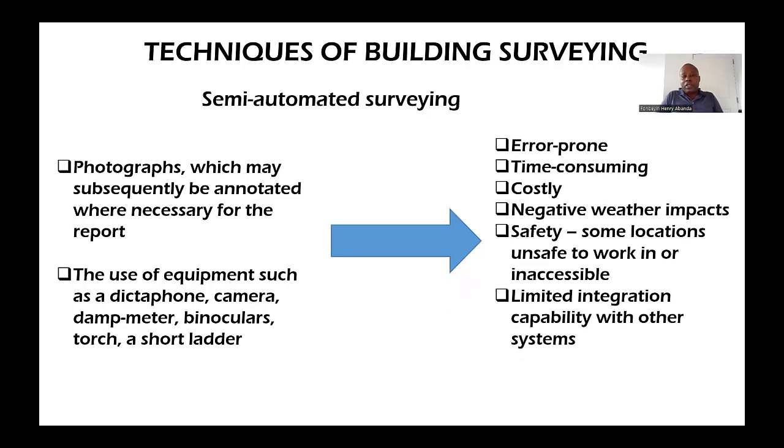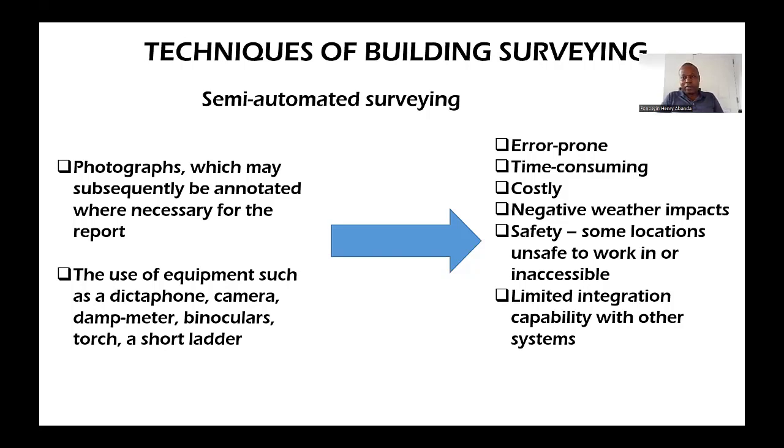And of course, if you think about the manual or the traditional, together with semi-automated, the disadvantages or the weaknesses are that it is error-prone, it is time-consuming, it is costly.